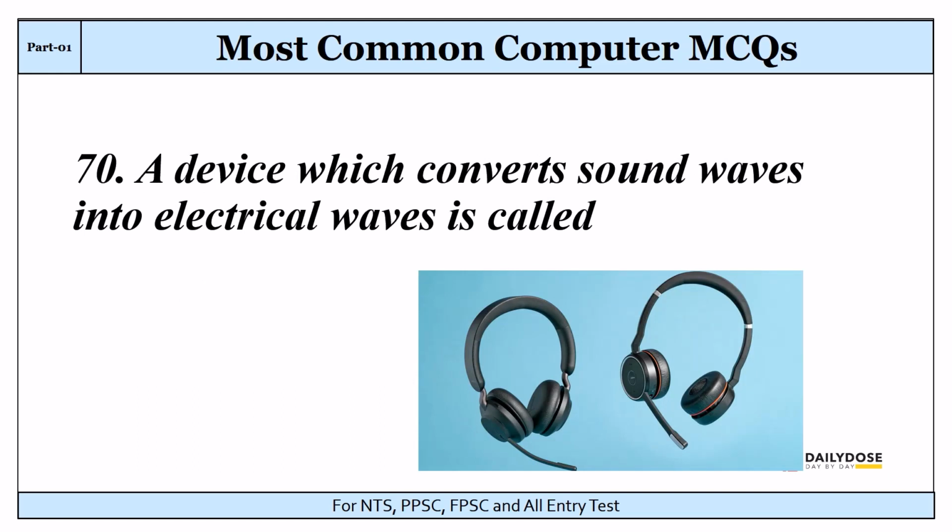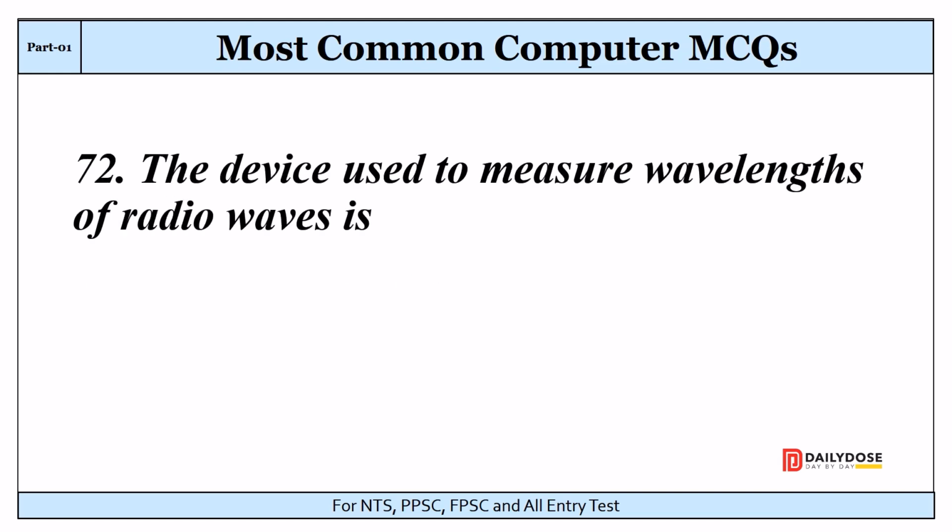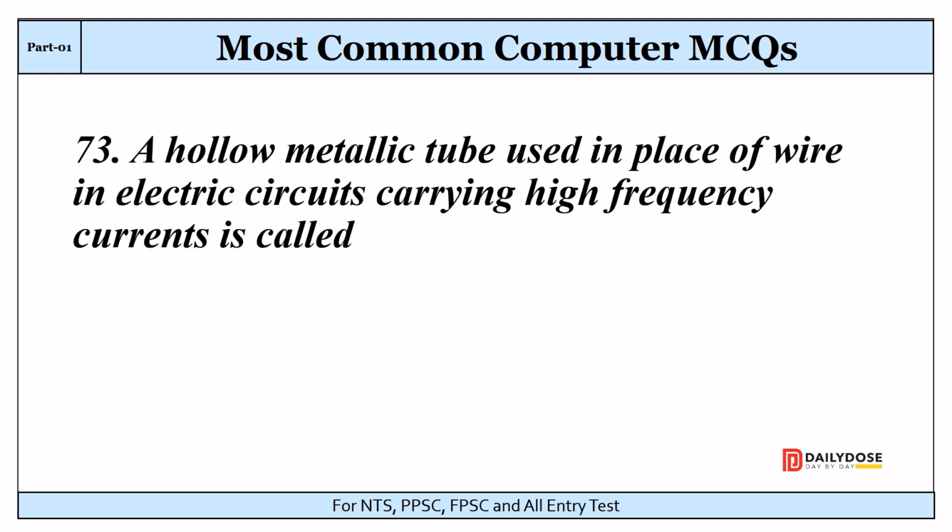A device which converts sound waves into electrical waves is called a microphone. AVC stands for automatic volume control. The device used to measure the wavelength of radio waves is the wavemeter.